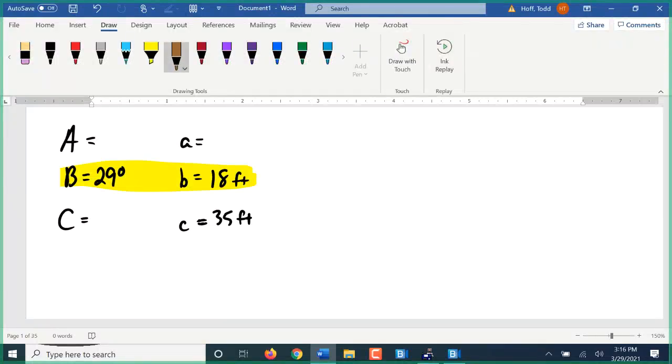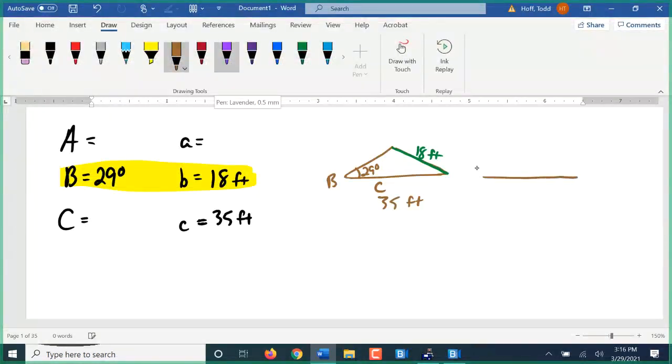This is telling us that we could draw two possible triangles here. This could be side C of 35 feet. Angle B, 29 degrees. This could look like this. 18 feet. Or this. 18.